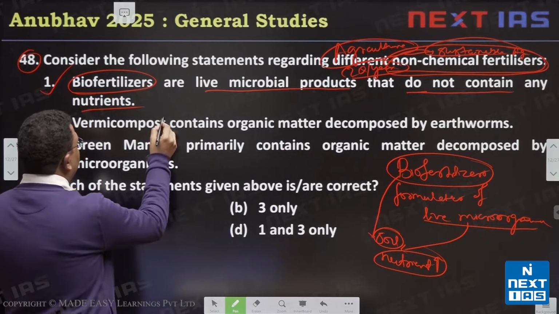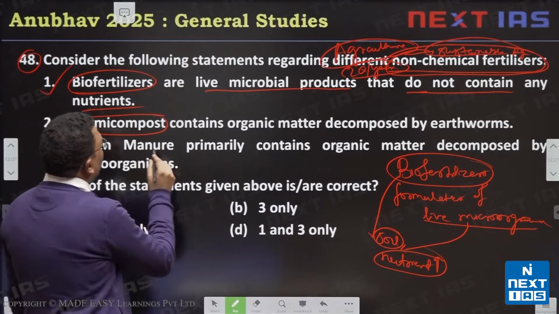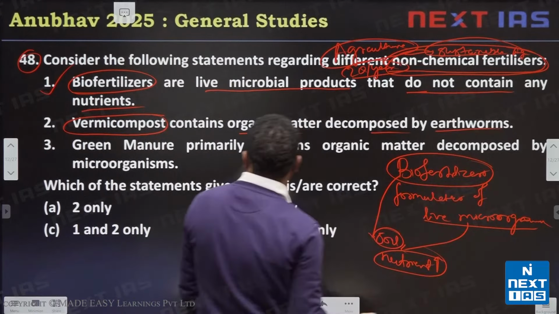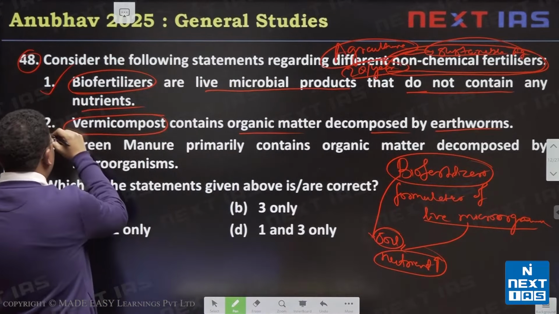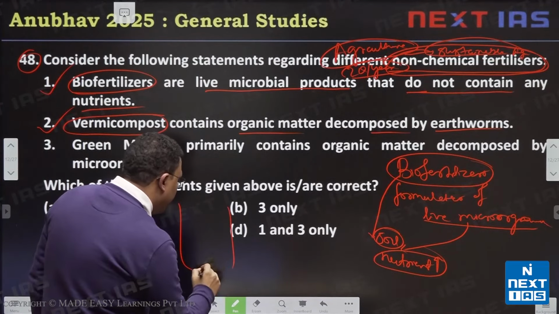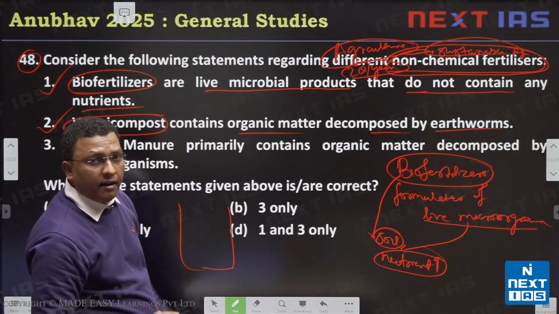Now let's see the second statement. This is vermicompost contains organic matter decomposed by earthworms. This again is a correct statement. Vermicompost is nothing but organic material decomposed by earthworms.